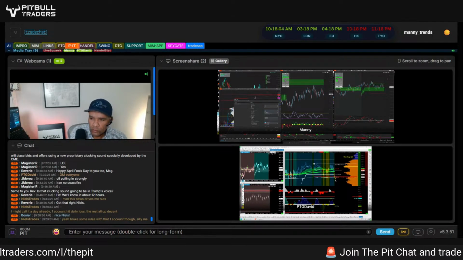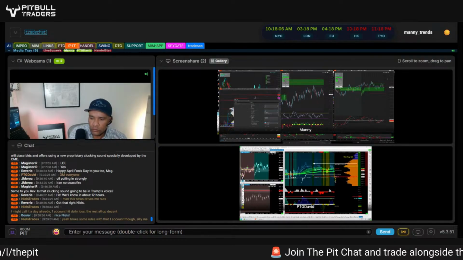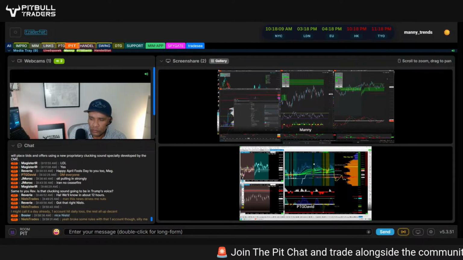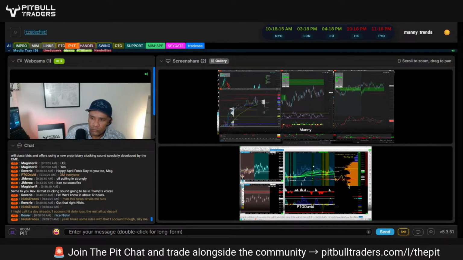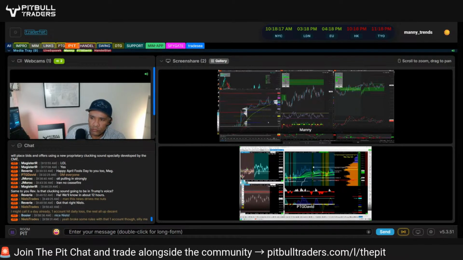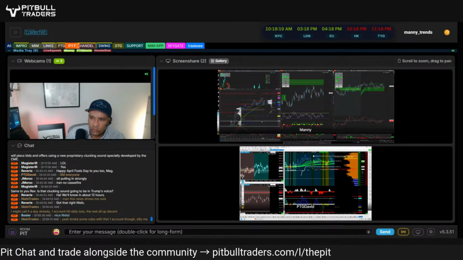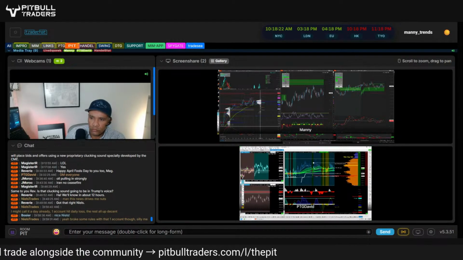The idea would be we push down below VWAP and then fail to reclaim it. Then I think odds favor coming lower and retesting those lower levels at some point. That's what I'm looking for right now.